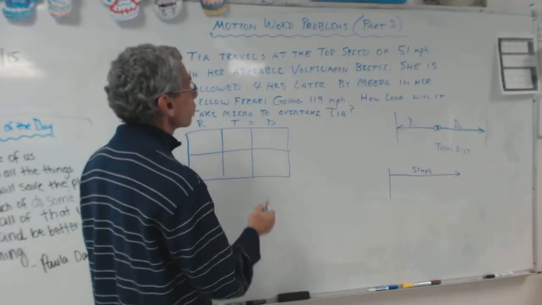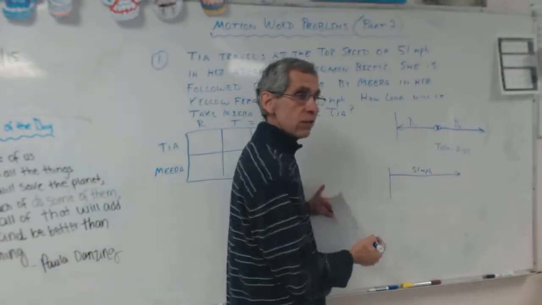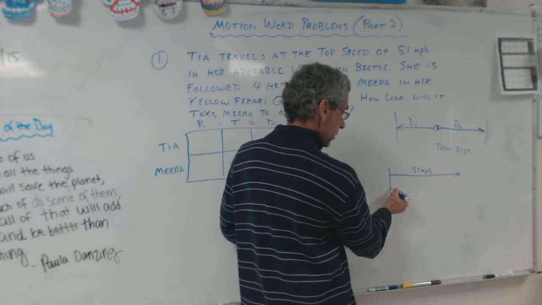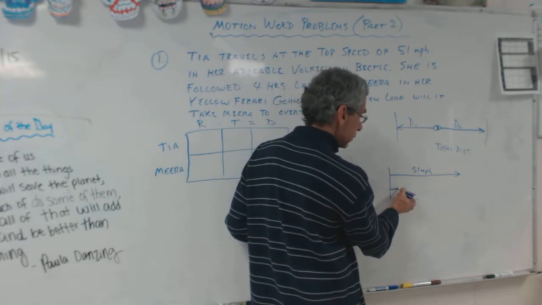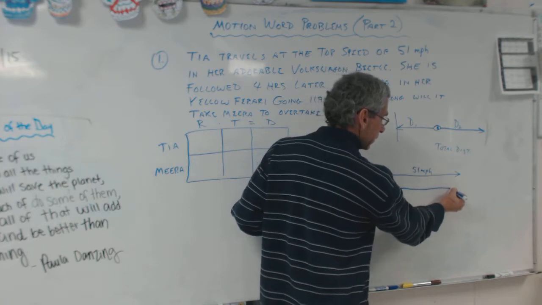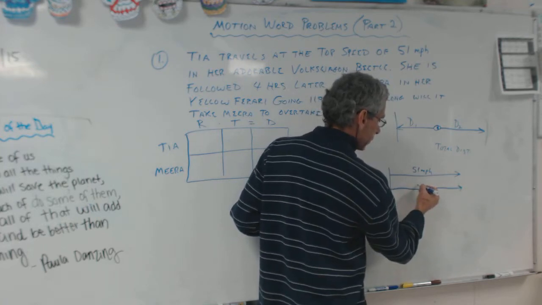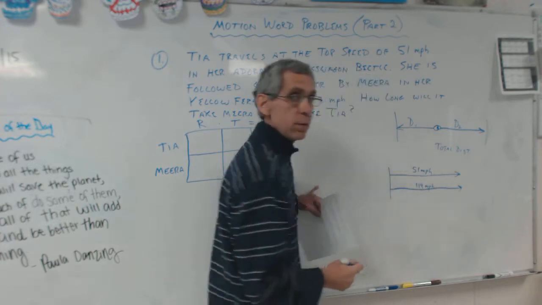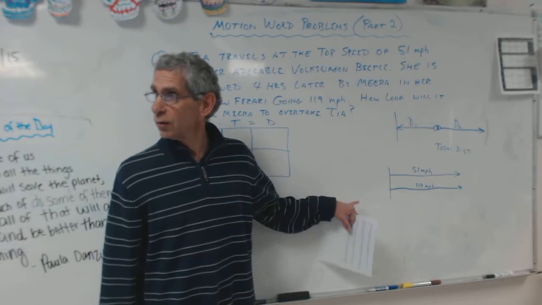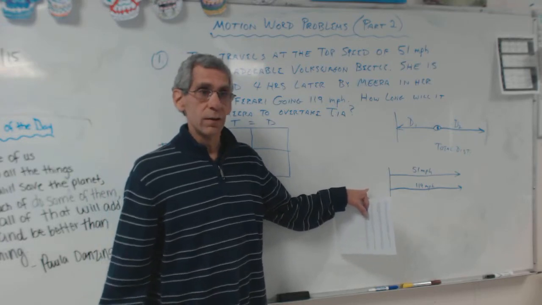And then 4 hours later, she's followed by Mira, meaning Mira is going the same direction, and she's trying to overtake Tia, right? And she's going, what was it, 119 miles per hour. So clearly, Mira is going to overtake her, right? Don't you agree with me? She's going to eventually catch up to Tia, because Tia is going so slow.